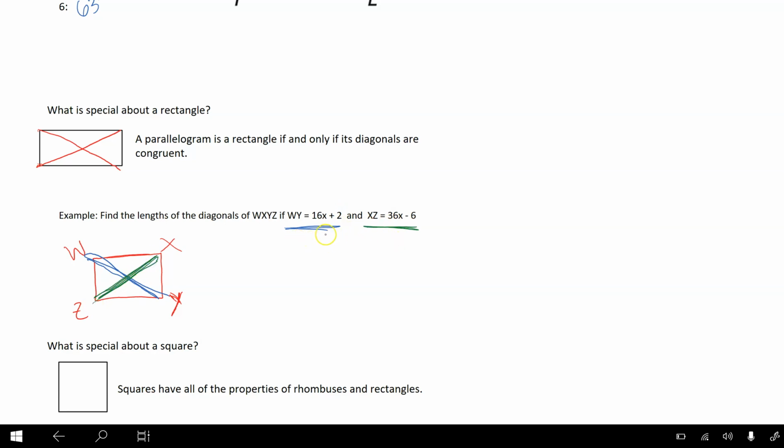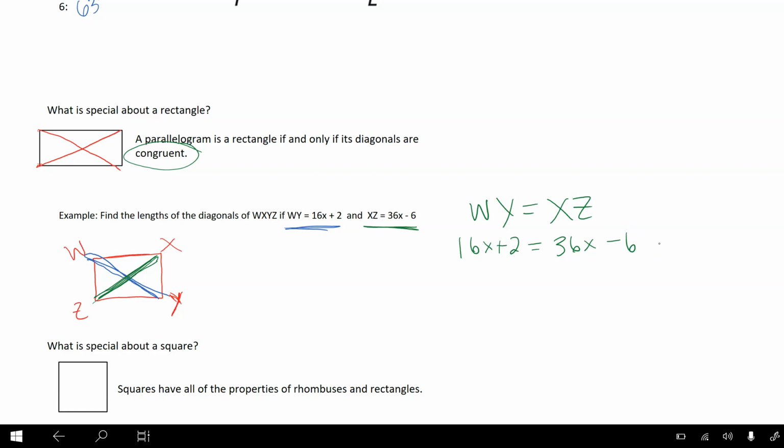Those are both the diagonals, and since we know that the diagonals are congruent, we know that WY has to be equal to XZ. And WY is 16x plus 2, and XZ is 36x minus 6.